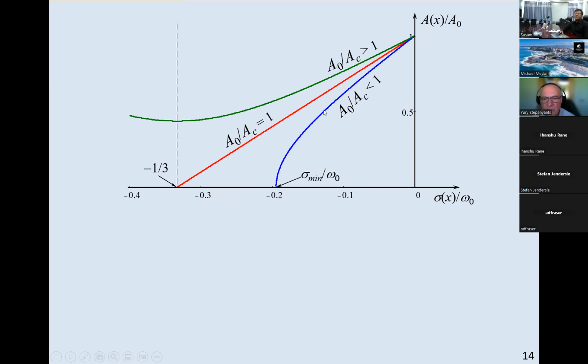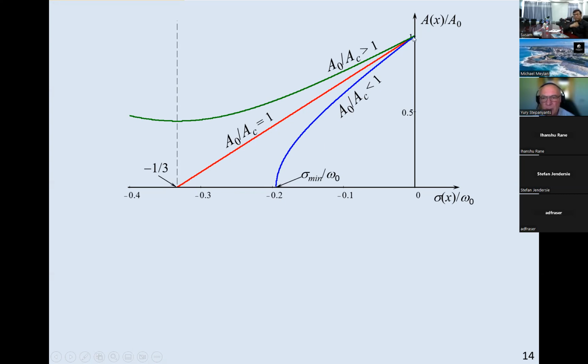Okay. So in this case, we have such a most realistic dependence where A naught is the initial amplitude and A_c is some critical value which was shown before. Then for the critical amplitude, we have such a dependence.